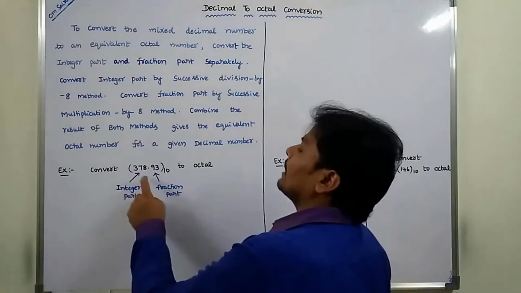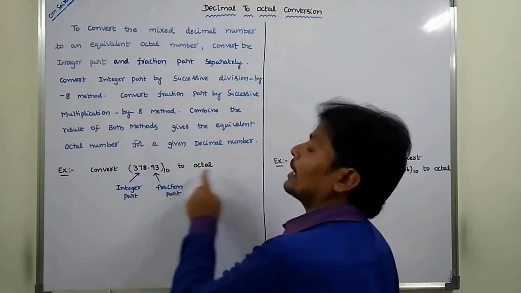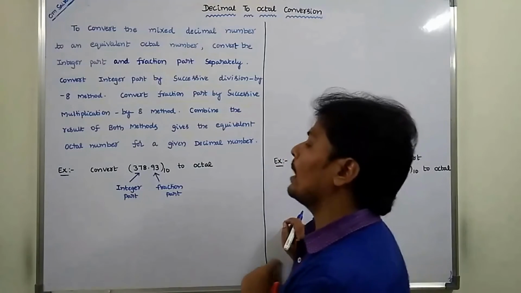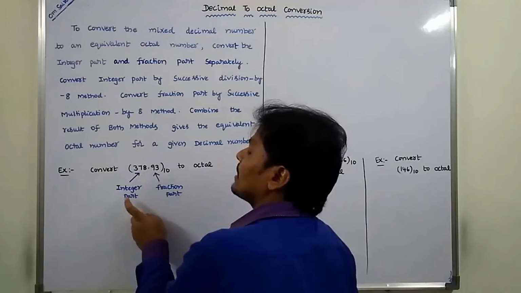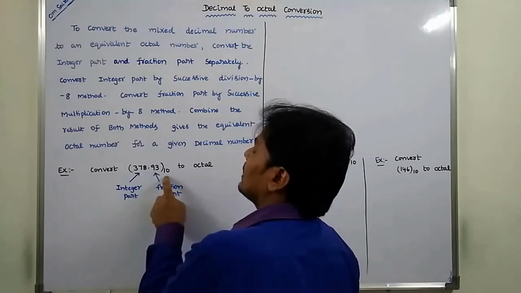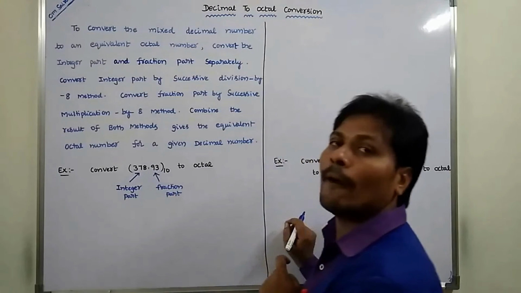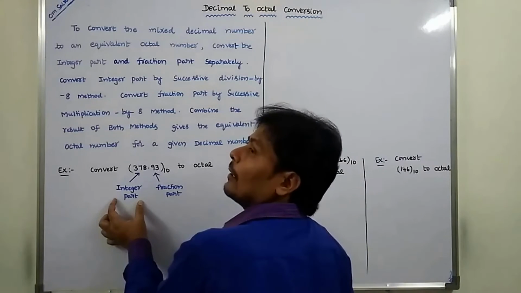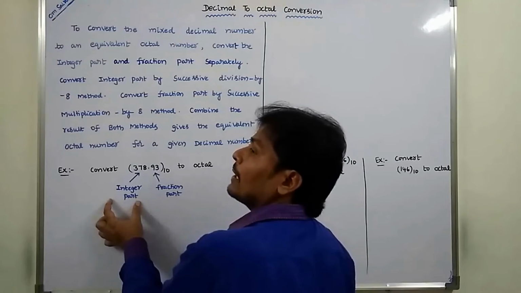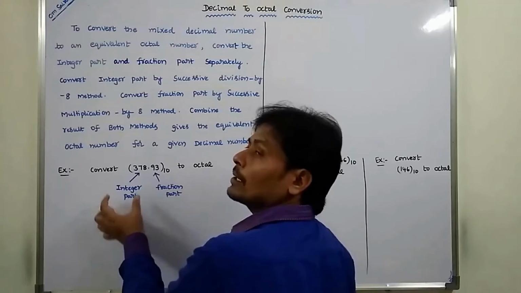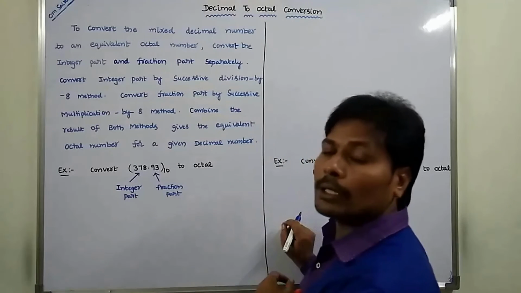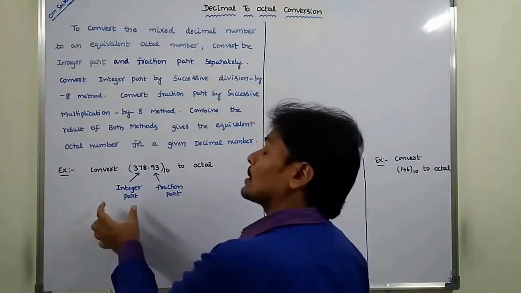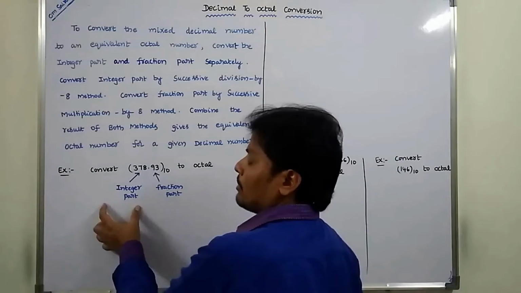Okay, now this is the given example. Convert 378.93 base 10 to octal. So here 378 is the integer part and 0.93 is the fraction part. For converting the given decimal integer number to octal number, we have to use the successive division by 8 method.